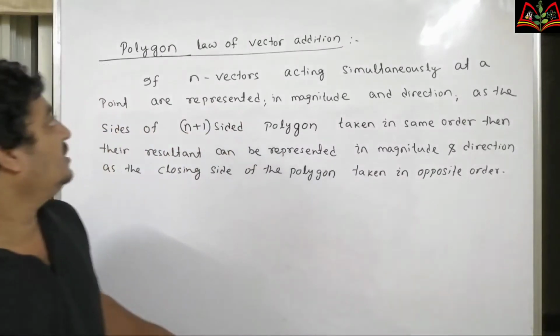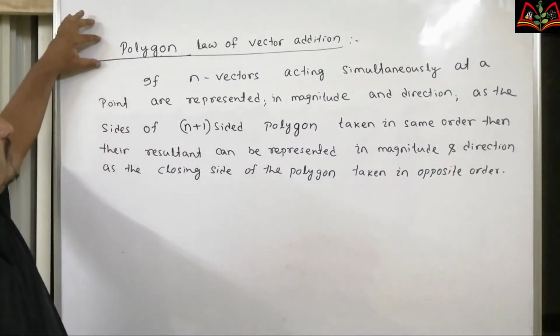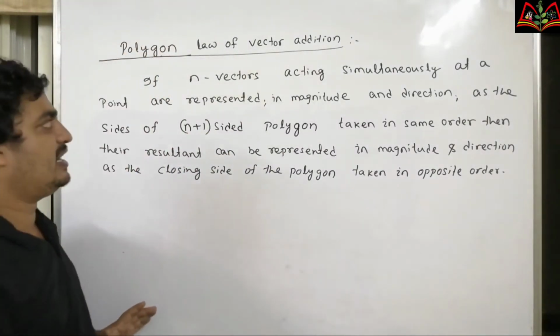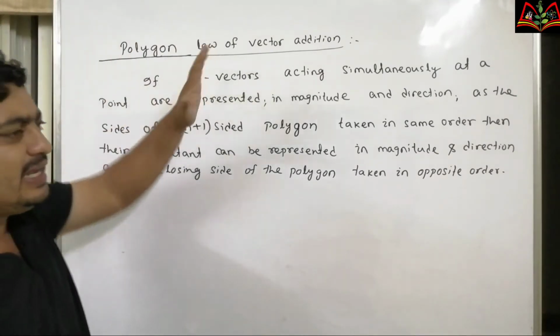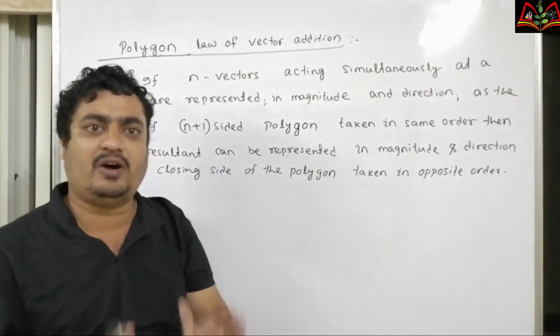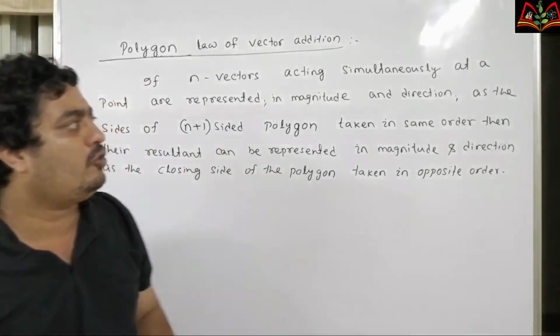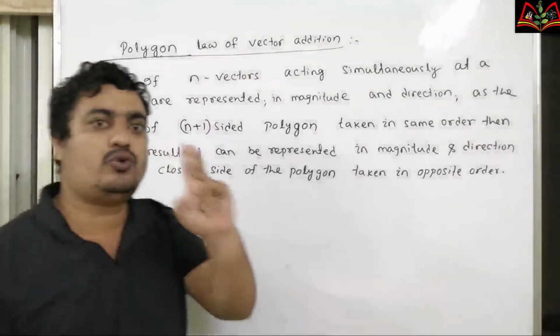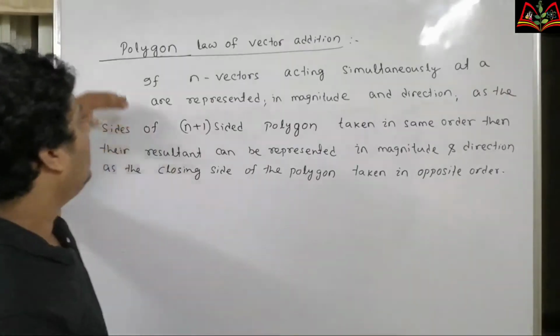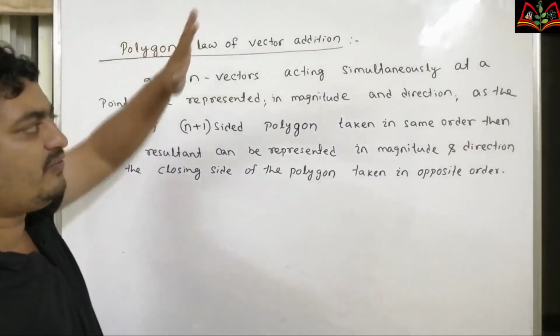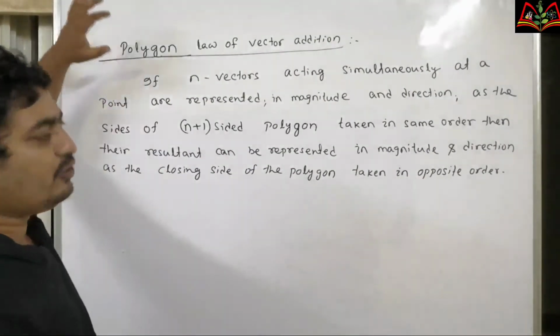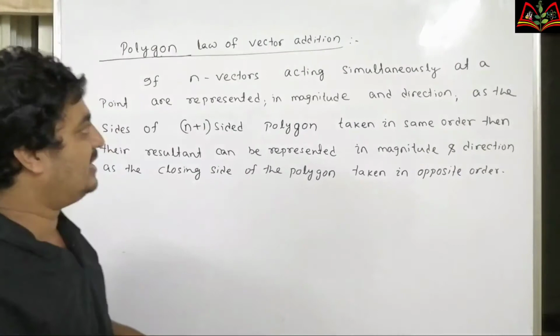So students, today we will go for polygon law of vector addition. Now, triangle law and parallelogram law are useful to obtain the resultant due to two vectors. But if there are more vectors, then we can use polygon law of vector addition.